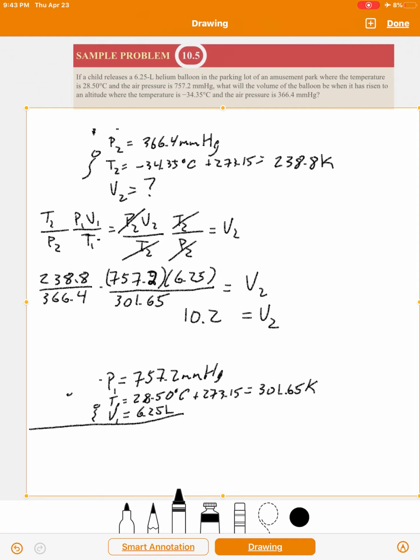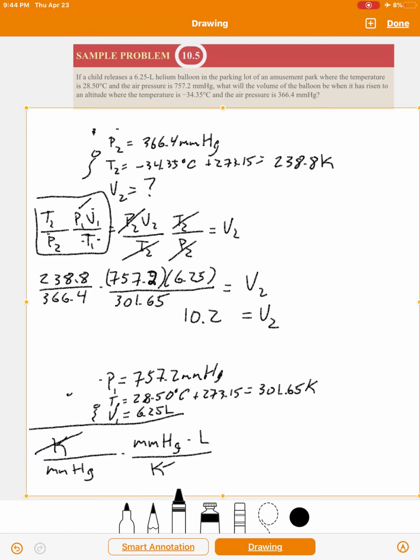Well, coming back over here, we have temperature units, which are Kelvin, divided by pressure units, which are millimeters of mercury, times pressure units, which are millimeters of mercury, times volume units, which are liters, divided by temperature units, which are Kelvin.